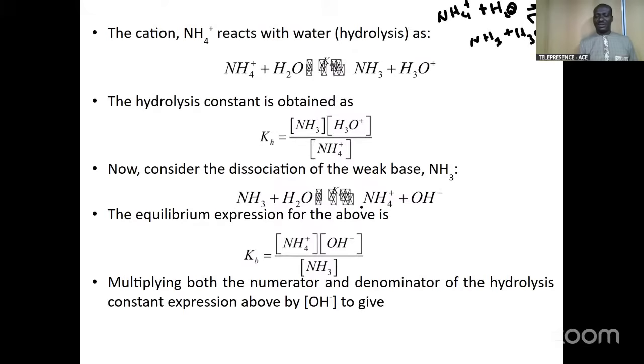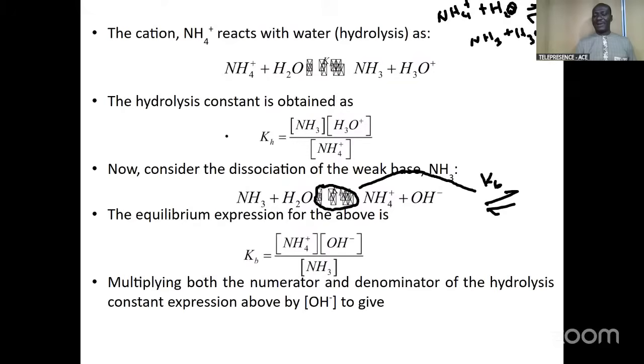Let me circle it. This is an equilibrium sign, and of course I have Kb on top of it. So the base dissociation constant will be equal to the ammonium ion concentration multiplied by the hydroxide ion concentration, divided by the ammonia concentration.